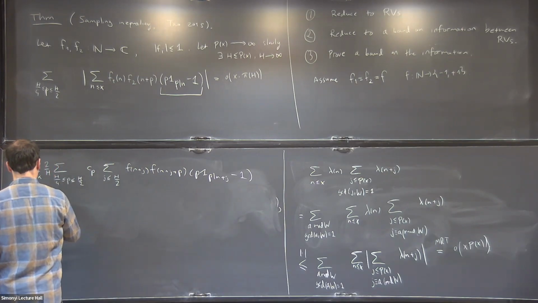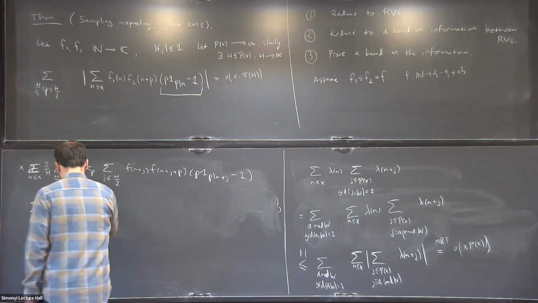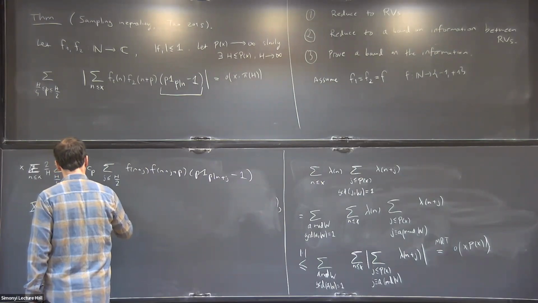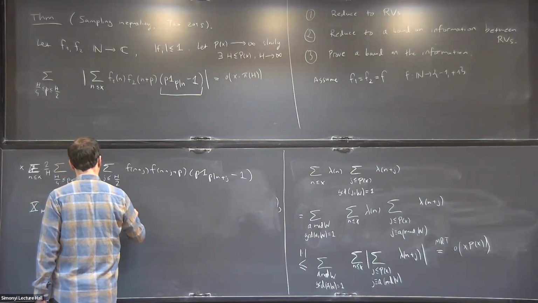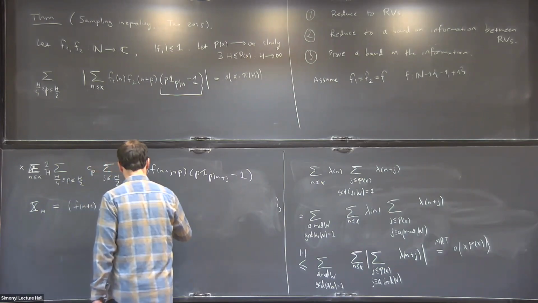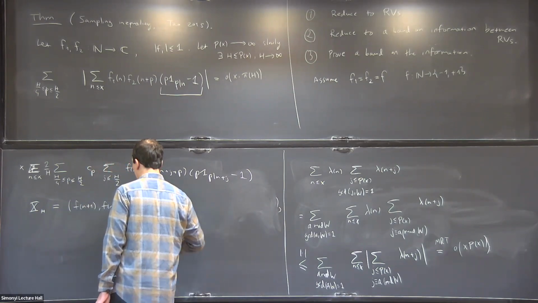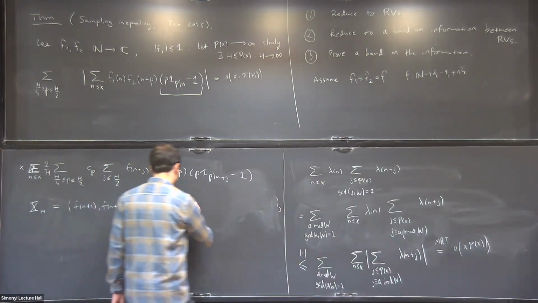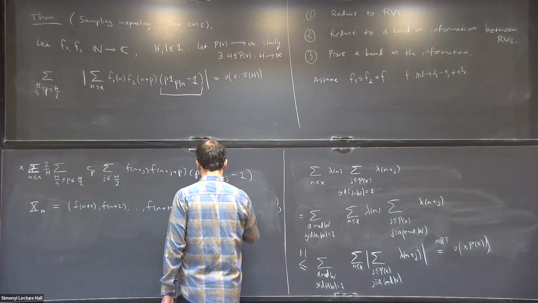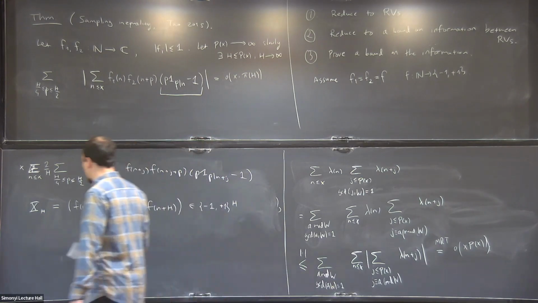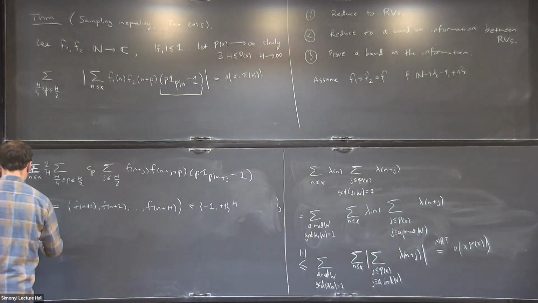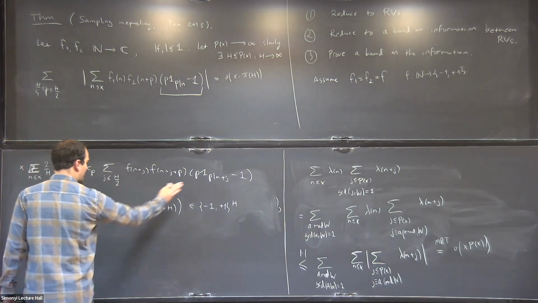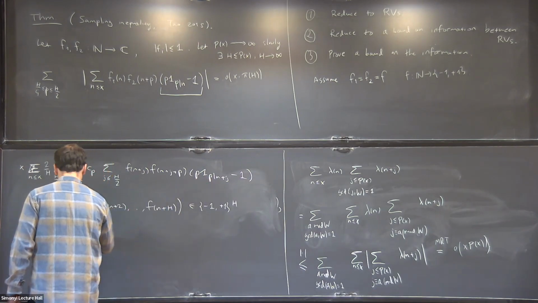What I call x of h is the sign pattern of f, taking values in -1, +1 to the h. And I have another random variable, which is the conditions n modulo p for different primes p.